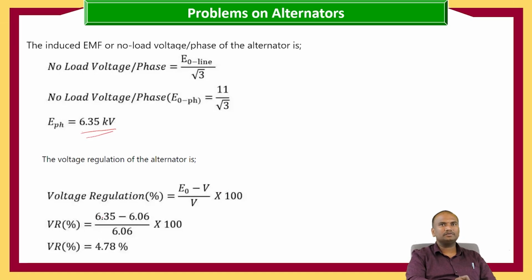That is E0 value 6.35 minus 6.06, all divided by 6.06 into 100, where voltage regulation is 4.78 percent. So this is the way we have to calculate the voltage regulation for alternators.